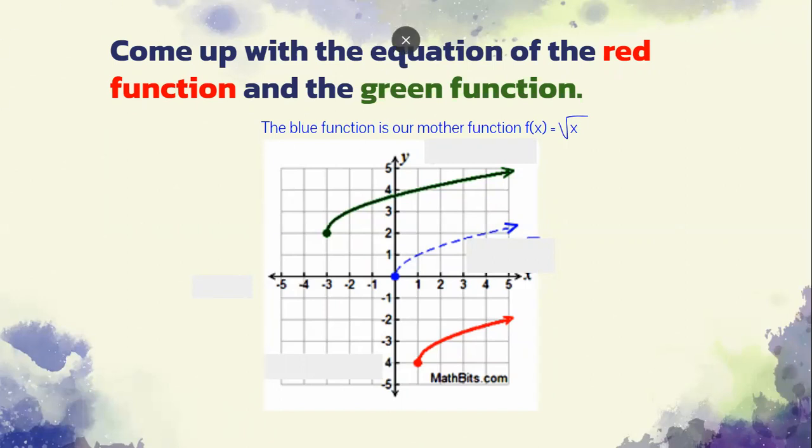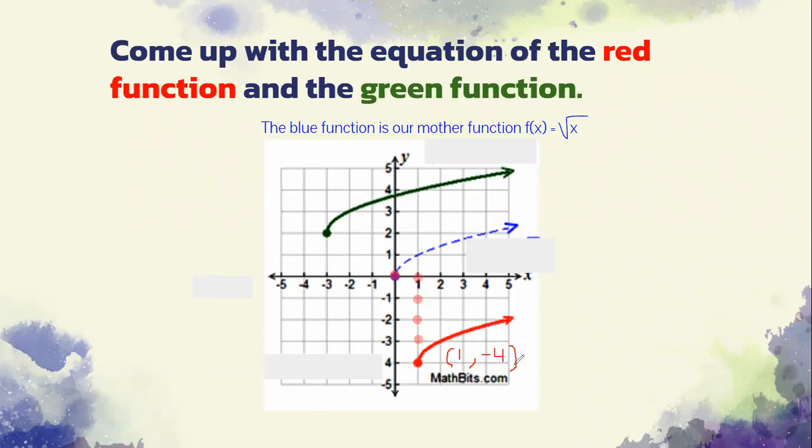All right, so thinking about the red function, we notice that our function is changing. It's starting at 0, 0 right here. That's our locator point, and it's shifted over to the right one and down 1, down 2, down 3, down 4. So my locator point of my red function is x is equal to 1, y is equal to -4.